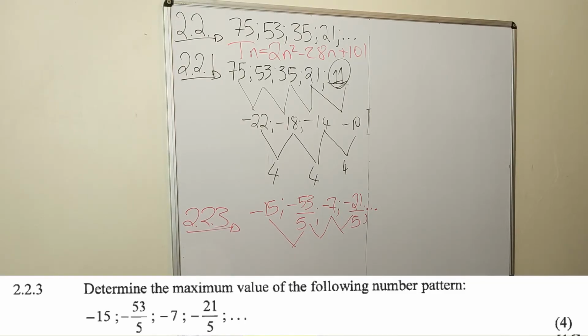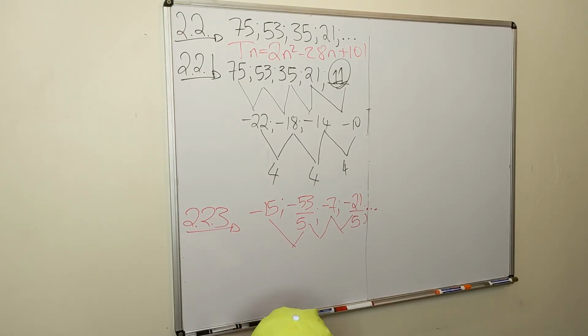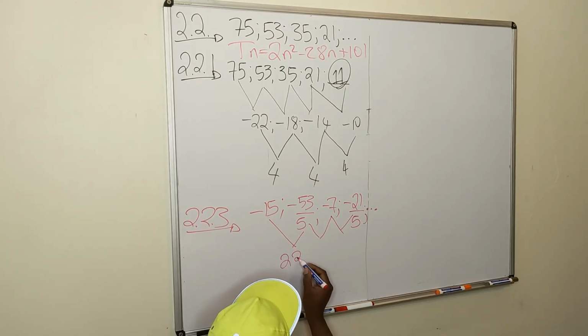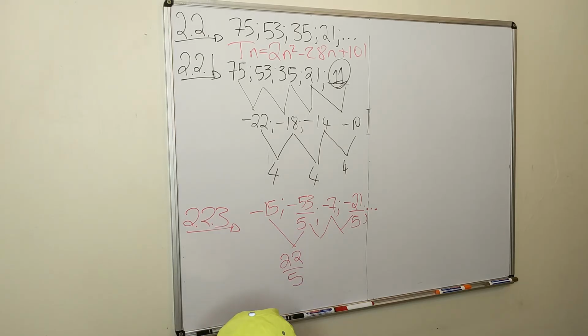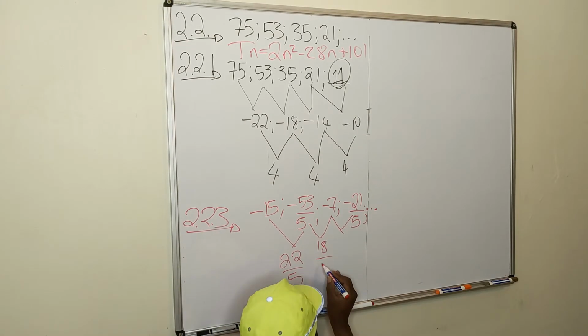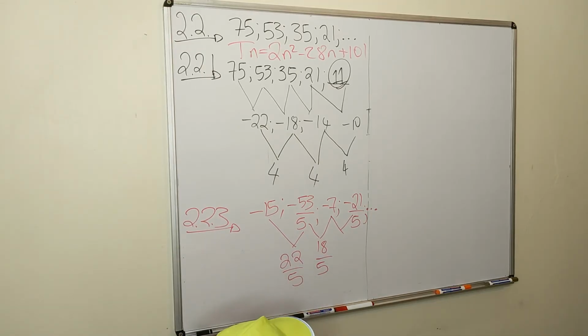Say minus 53 over 5 minus negative 15. So you get the difference is 22 over 5. So minus 7 minus negative 53 over 5. So it's 18 over 5, right?